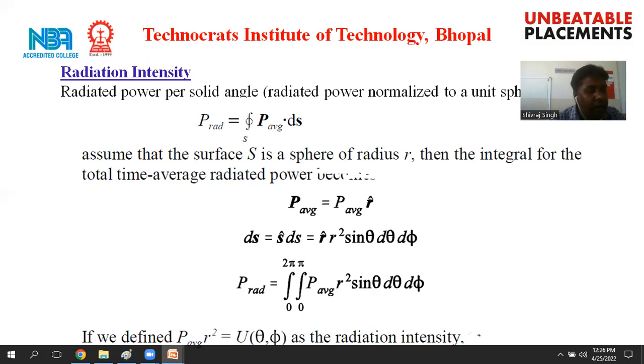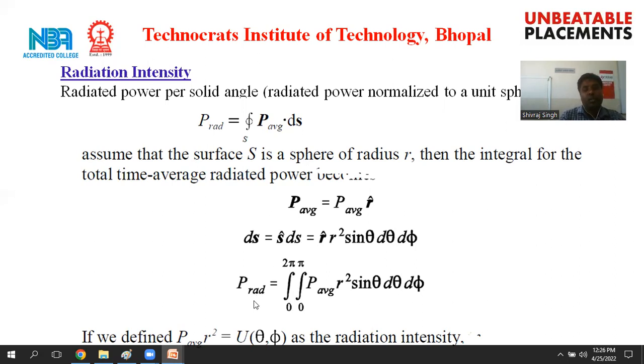In the radial direction, ds is equal to r squared sin theta d theta d phi, where phi lies between 0 and 2 pi and theta lies between 0 and pi.